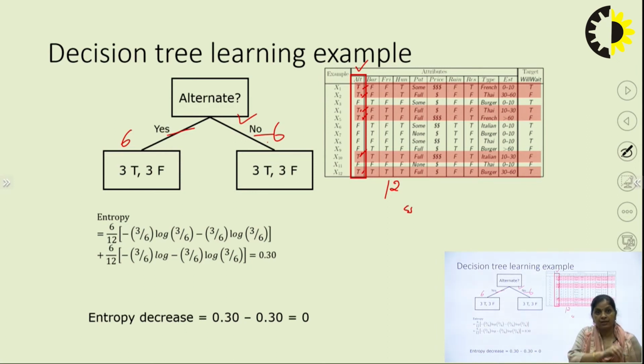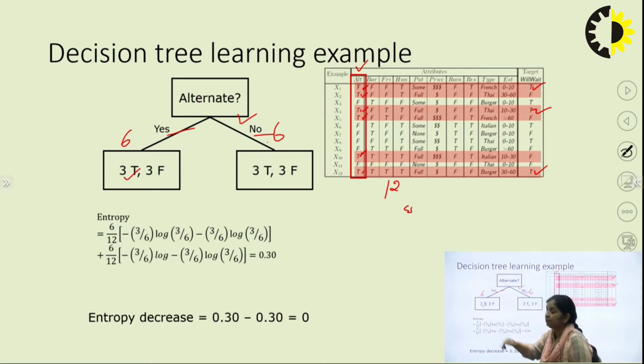Now let us check for true. The highlighted ones are true. The first one is true, it is also true, the second is false, and in this line it is true. So for true alternate, let me repeat, I have 3 times true target and 3 times false.